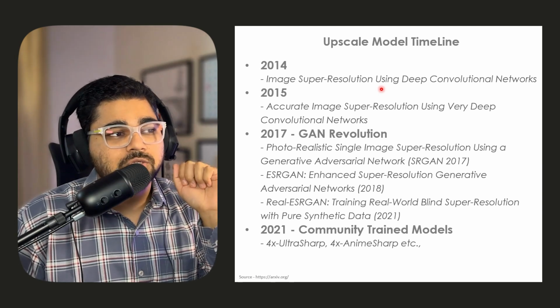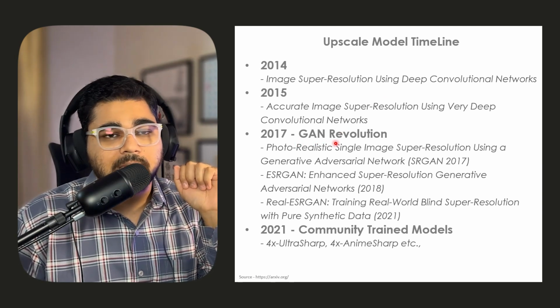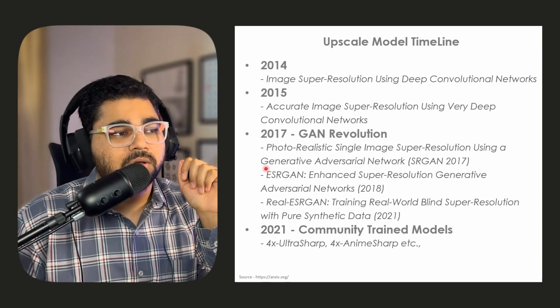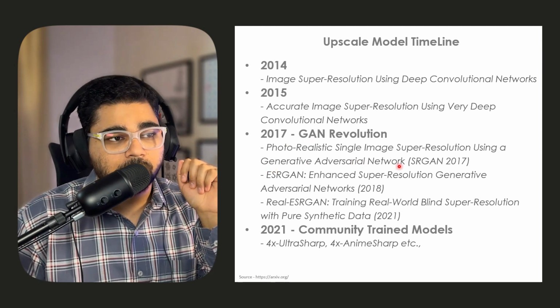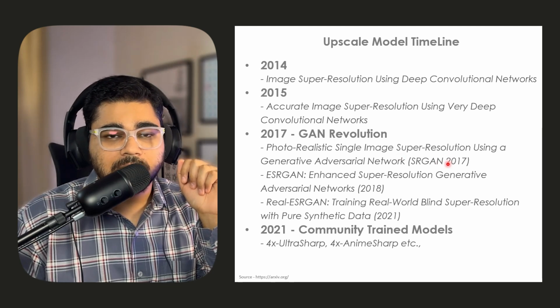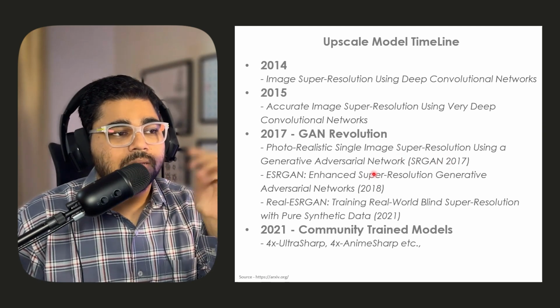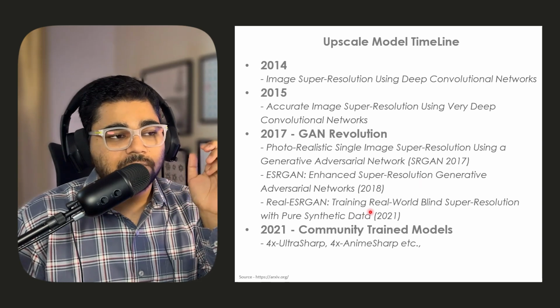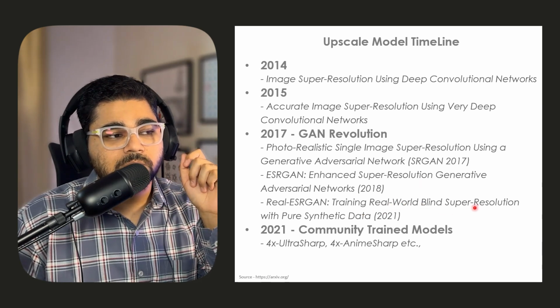The current models that have actually been trained are from the GAN revolution, which started in 2017, and GAN, if you don't know, stands for generative adversarial network. The first paper was SRGAN, which is basically Super Resolution GAN, that came in 2017. Then we have Enhanced Super Resolution GAN, ESRGAN, that came in 2018. Then we have Training Real-World Blind Super Resolution with Pure Synthetic Data in 2021.